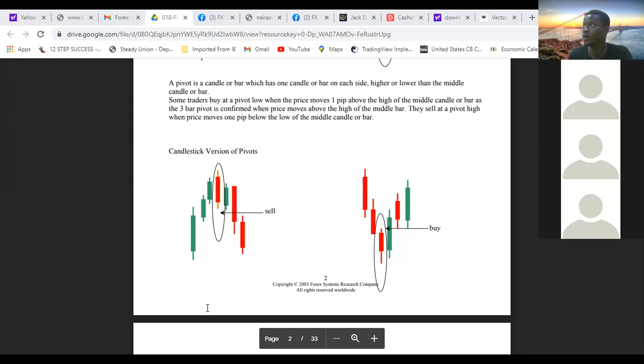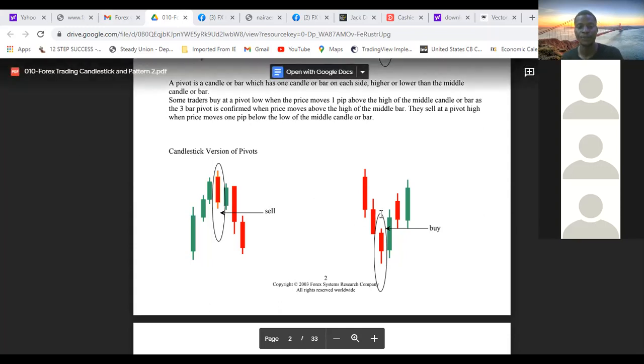Lot size equals the amount you are willing to lose over the amount of pips at risk, then you divide it by 10, and you get the lot size that fits your entry, depending on the setup you're seeing.